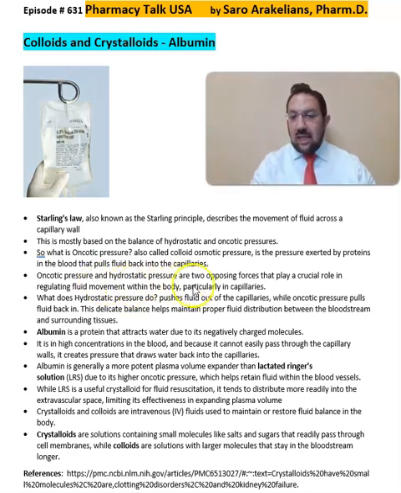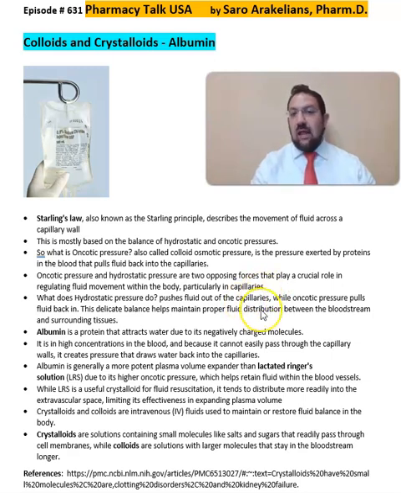Oncotic pressure and hydrostatic pressure are two opposing forces that play a crucial role in regulating fluid movement within the body, particularly in the capillaries. So oncotic pressure pulls the fluids, and hydrostatic pressure pushes them out. They have opposing effects. What does the hydrostatic pressure do?